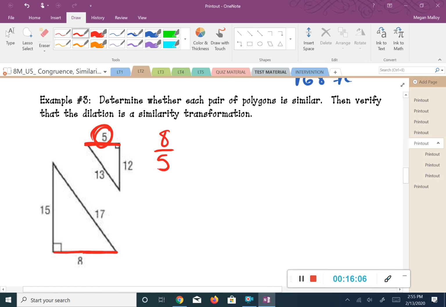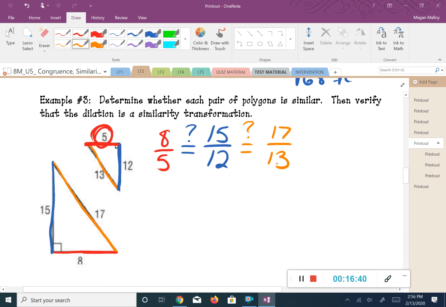So we have 8/5, and we are questioning, is that the same as the ratio of our second leg, which is 12 and 15? And since I put 8 in the numerator, I have to put 15 in the numerator. You have to stay consistent. And then, is that the same as comparing our hypotenuse, which would be 17/13?